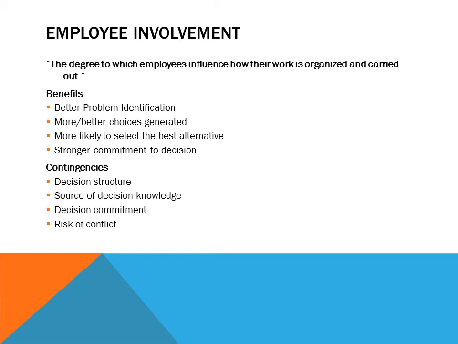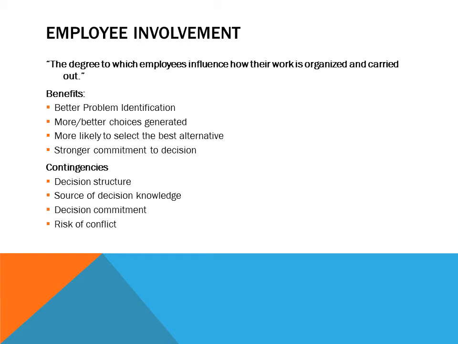If you have program decisions, those are less likely going to benefit from employee involvement because they've been in place for a long time and they work the same way every time. The second contingency is a source of decision knowledge. And this comes into play when leaders lack sufficient knowledge to determine the optimum solution, and involving employees is the best way to gain that information.